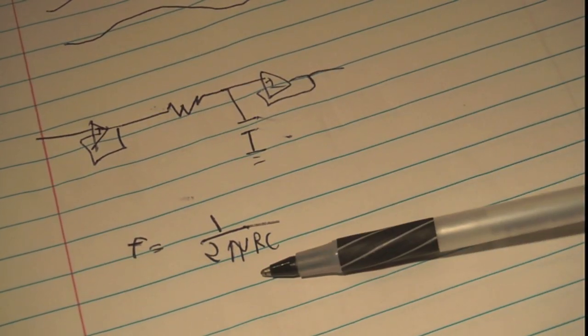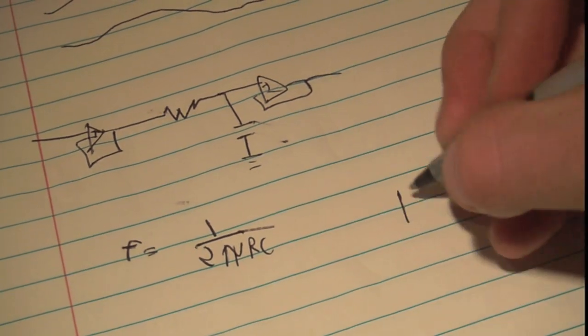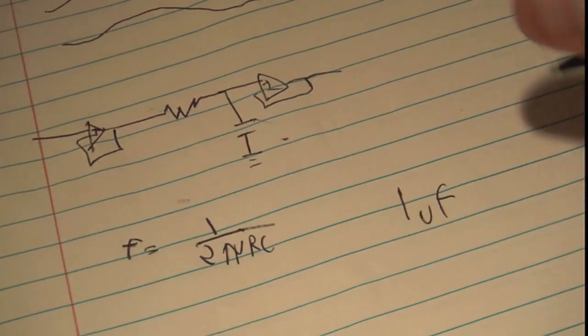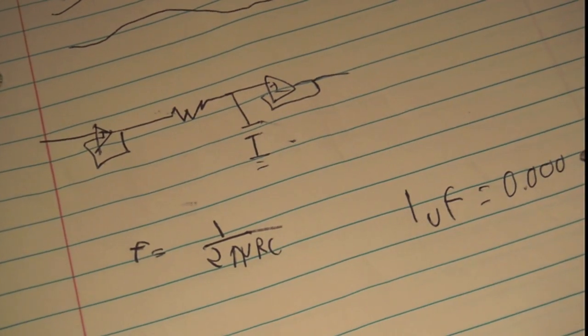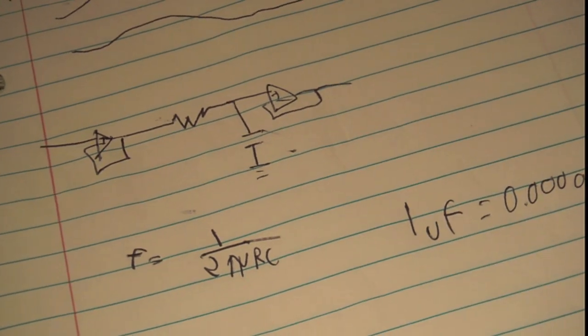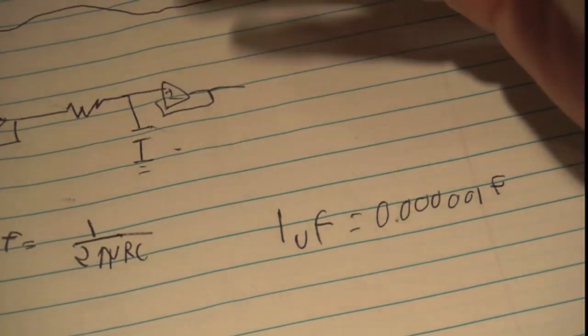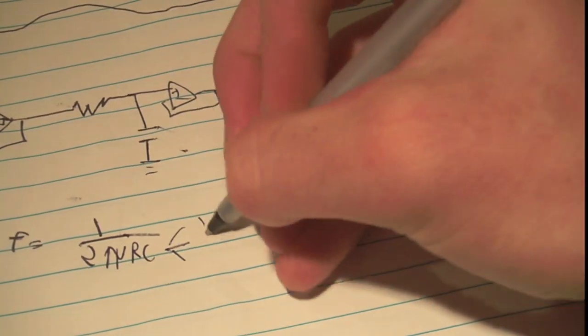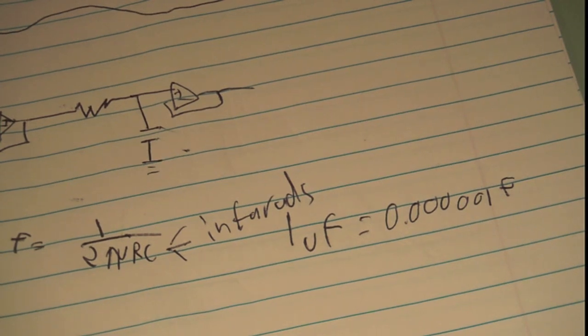So a millifarad, which is 1,000 microfarads, and we'll go with 1 microfarad, because that's a pretty standard value, would be equal to 0.000001 farads. Okay, so just keep in mind that this capacitance is in farads. And the resistance is obviously in ohms, okay?